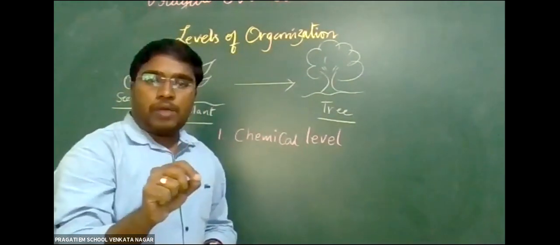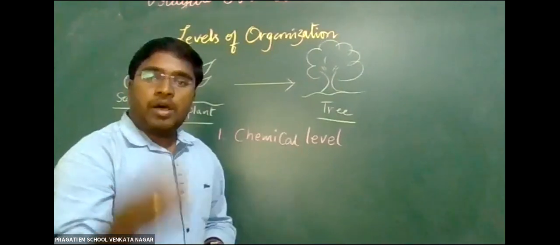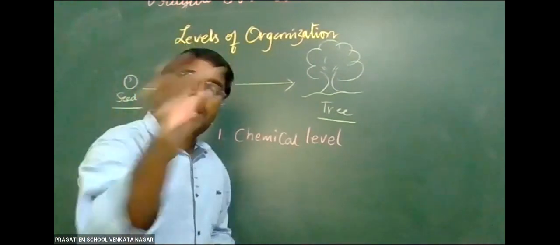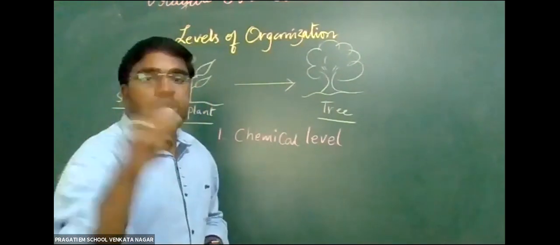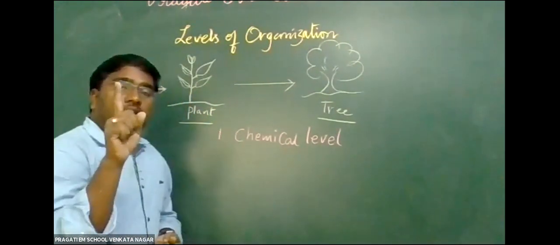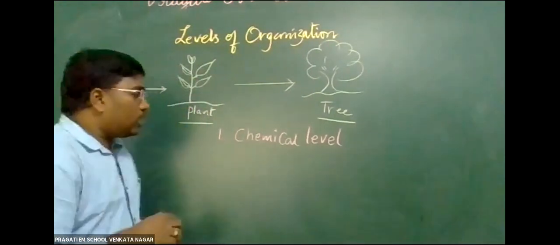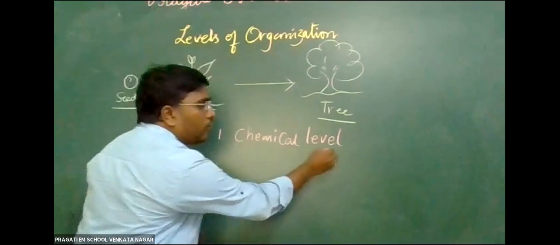So atoms are composed to form molecules. Molecules are composed to form organelles. Organelles are composed to form the cell. So here the atoms and molecules are considered the chemical level of organization.